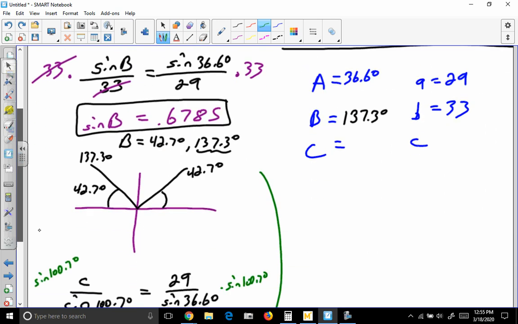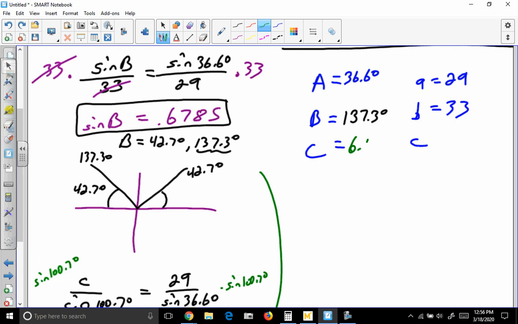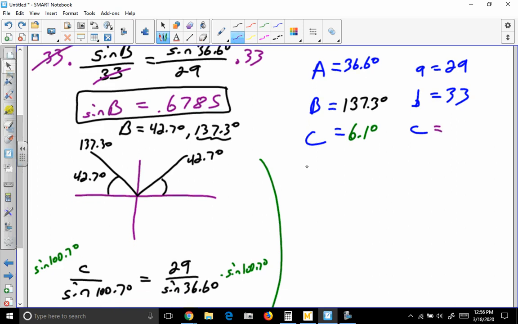Now let's get our second solution. For our second triangle, if we start with 180 degrees, we've used 36.6 degrees, and we've used 137.3 degrees. And that leaves us just 6.1 degrees for angle C. So we can get little c over sine of its angle equals little a over sine of its angle. So this side goes with this angle, this side goes with this angle.